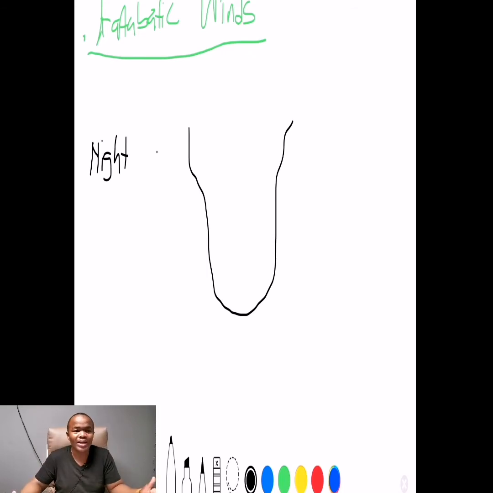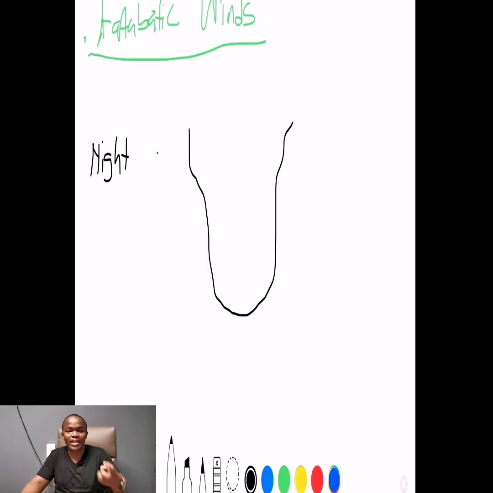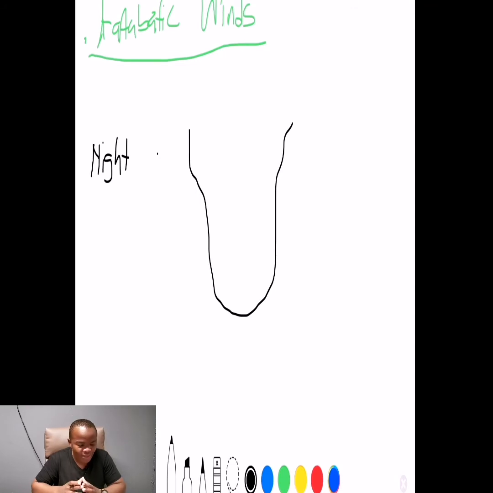What is happening? During the day, the slope is being heated by the sun, and then at night, the earth releases heat that it has accumulated during the day. Therefore, it forms the winds that we call the katabatic winds.